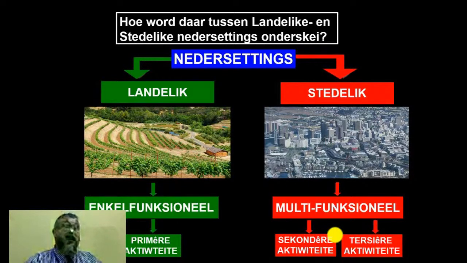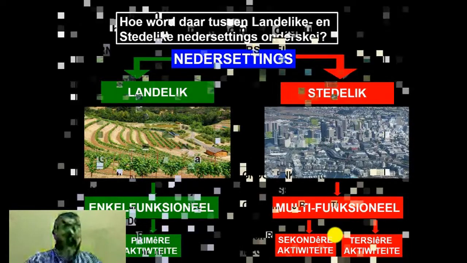A forestry town along the south coast, Harkeville, it is rural. Why? It has one function, forestry. Forestry is a primary activity. With your urban areas, met jou stedelike gebiede, hier multifunctioneel, wat daar vind beide secundaire activiteite as ook tertiaire activiteite plaas.